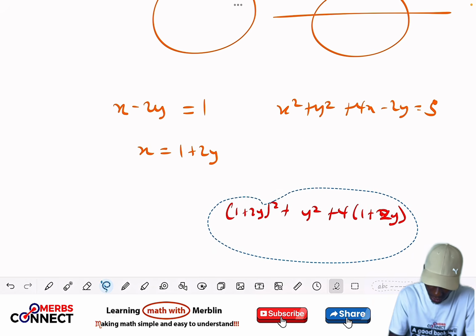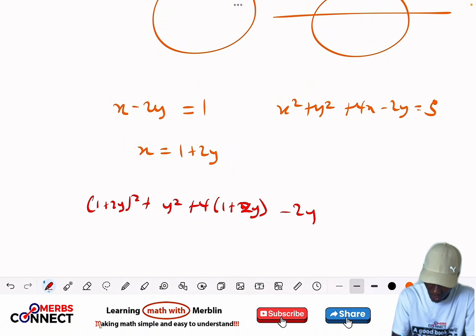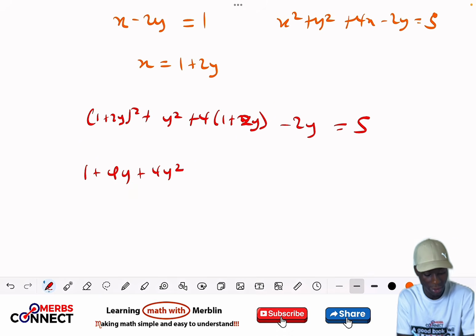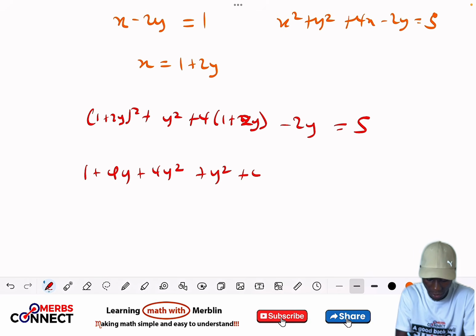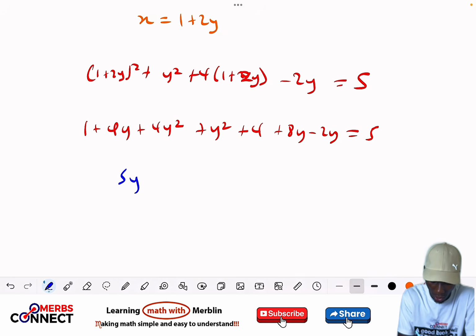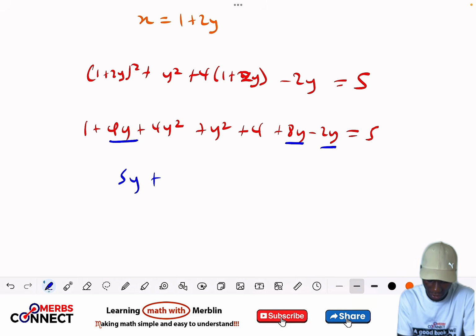Okay, so x is 1 plus 2y. Let me bring this one here. Minus 2y is equal to 5. So expand this one and have 1 plus 4y plus 4y squared. Is that right? Yes. Plus y squared plus 4 plus 8y minus 2y is equal to 5. So this is going to give us 10y, I think so.